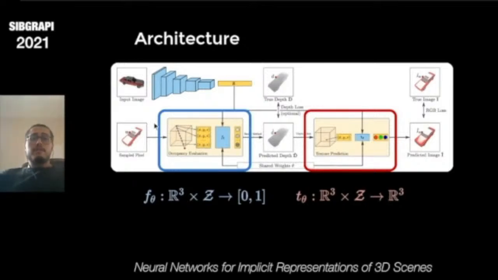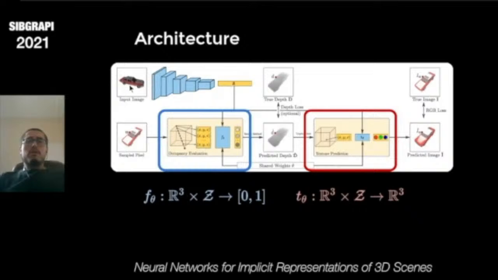So the pipeline is, you have your sample pixel, your coordinate. You use your occupancy network to find a point in the surface that you want to render, and you have the option also of having a supervision with a depth map, but it's not necessary. They do test with both cases, and then you can render the actual color and have the final image, and this encoding will reinforce the image that you want to use.